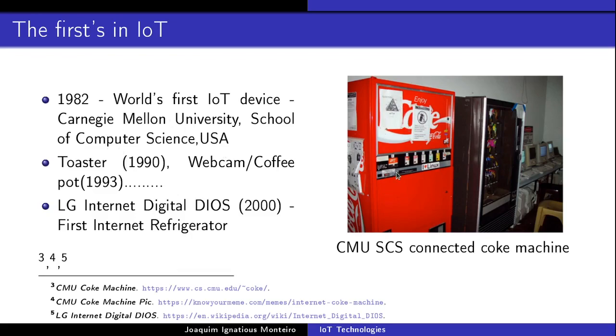So this particular CoAP machine was the first object, or thing, which was connected to the internet. The story goes like that. It was in Carnegie Mellon University in the US. There were four lazy students, you can call them lazy, but they came up with a very good idea.